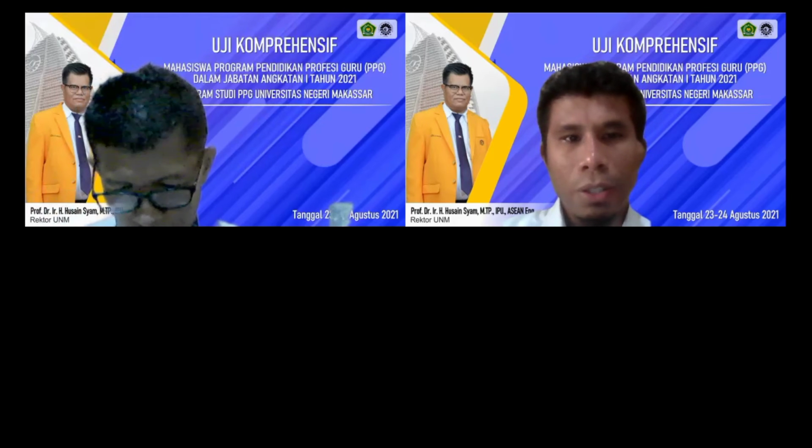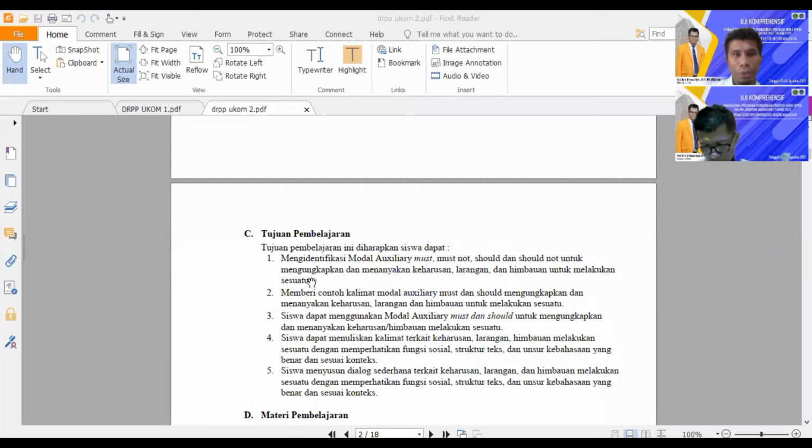Oke, jadi ini tujuan kita. First, students must be able to identify modal auxiliary must, mustn't, should, and shouldn't. And next, a student must be able to give example of must, mustn't, and should. Next, student must be able to use must, should.